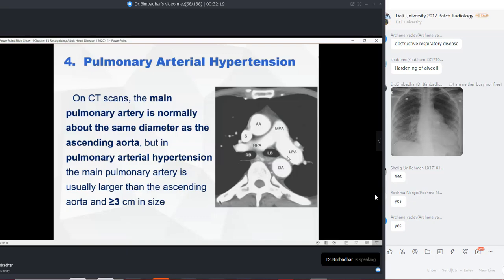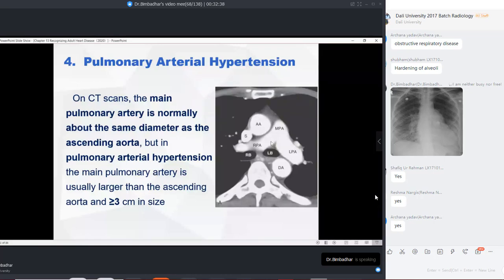The increase in the diameter of the pulmonary artery greater than 3 centimeters when compared to the ascending aorta, AA, is called pulmonary arterial hypertension. It can be unilateral, it can be bilateral.